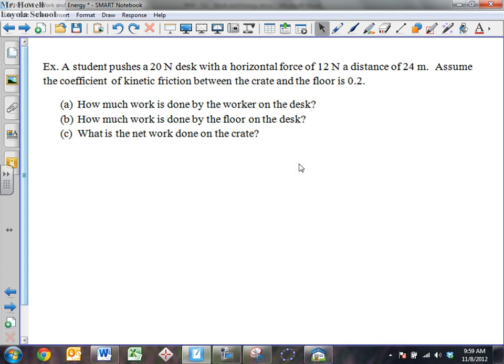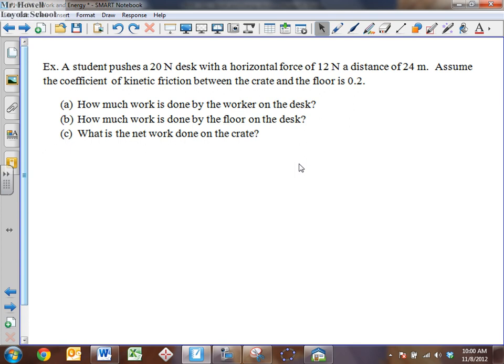All right, now, we have three parts to this problem. First, a student pushes a 20 Newton desk with a horizontal force, horizontal, so what's theta going to be? Zero.